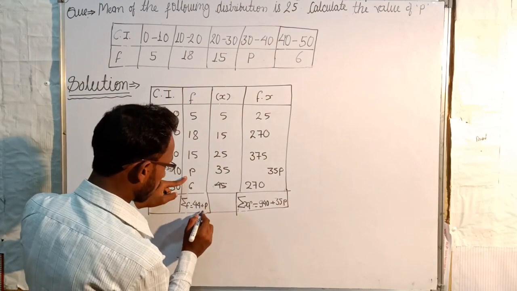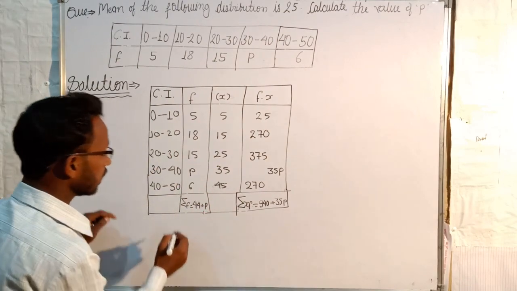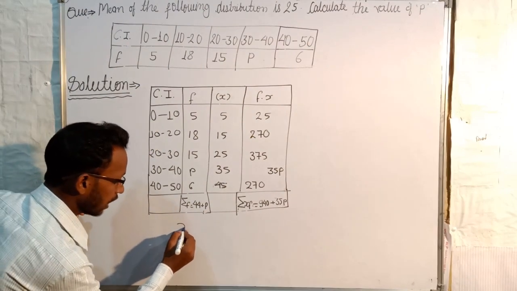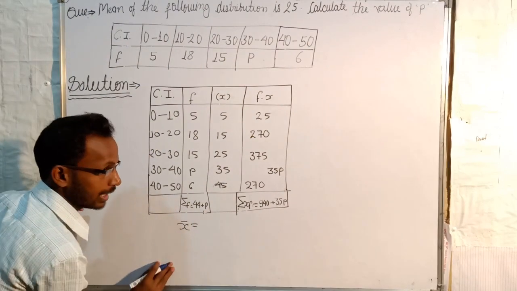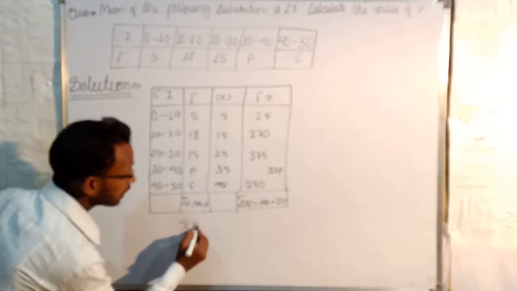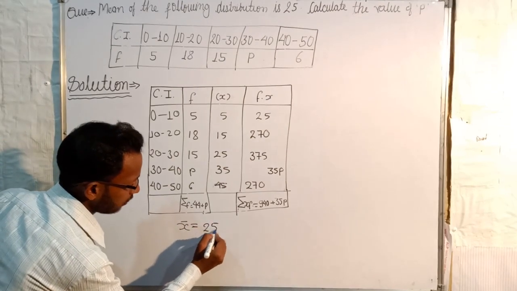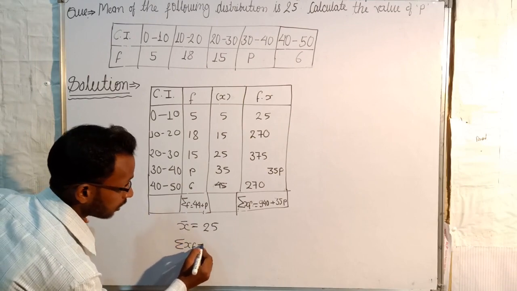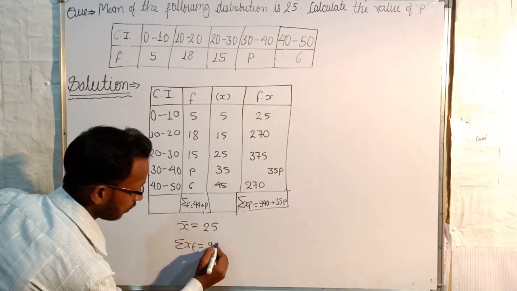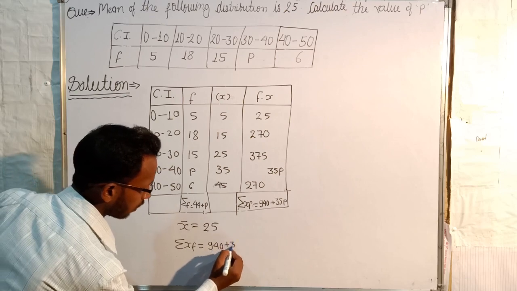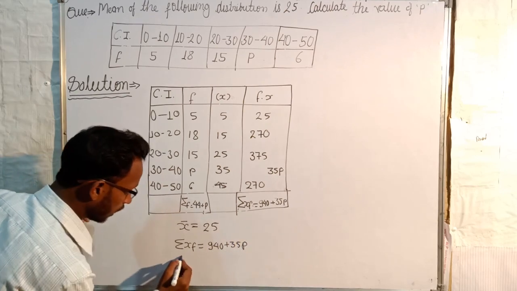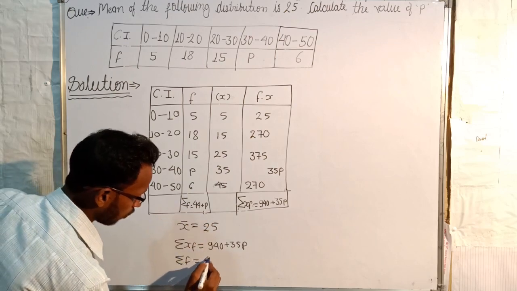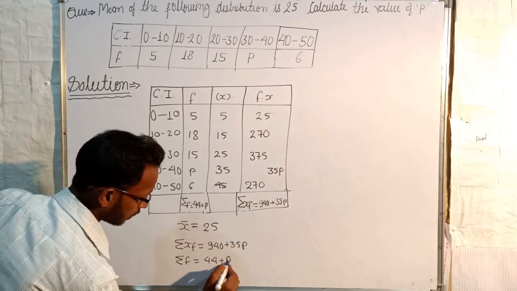Now you can see the arithmetic mean is already given. Arithmetic mean is denoted by x bar and is given as 25. Sigma xf is 940 plus 35p, and sigma f is 44 plus p.